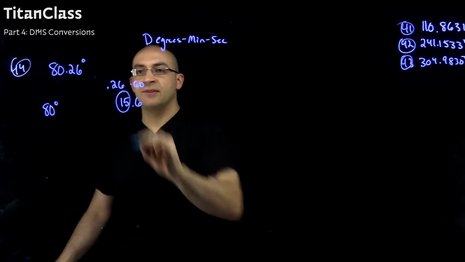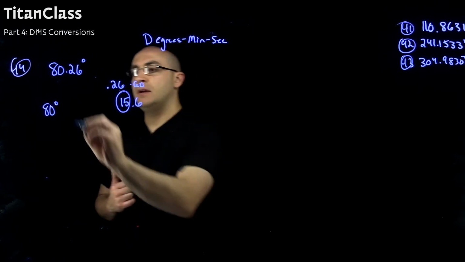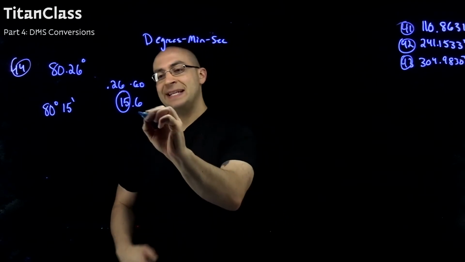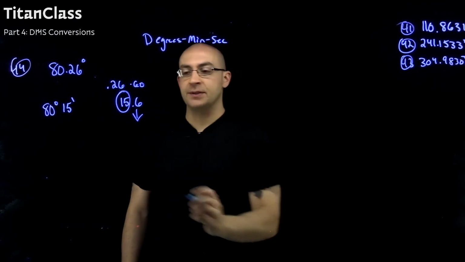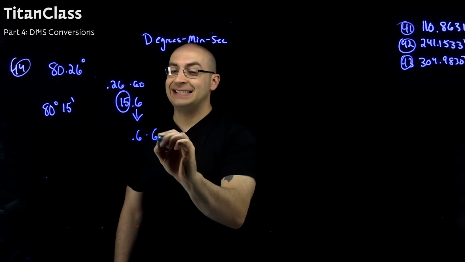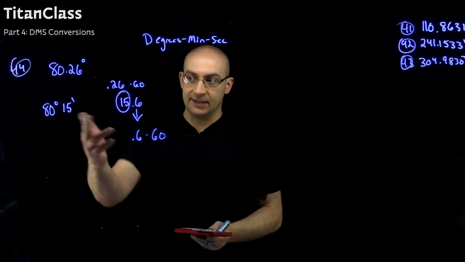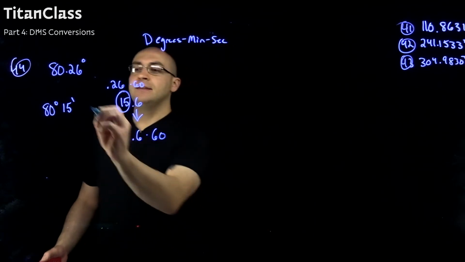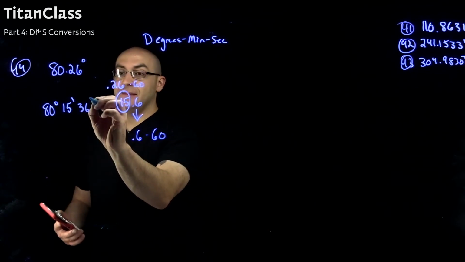The whole number value of that answer is the minutes. Next, we take the decimal remainder part, and we multiply that by 60, which is going to give us, obviously, our seconds. And that's going to give me 36 exactly.